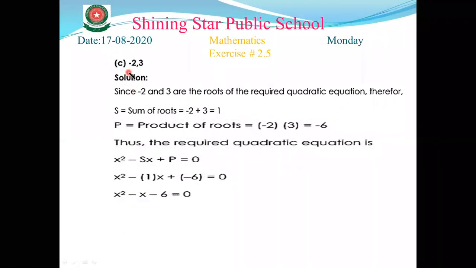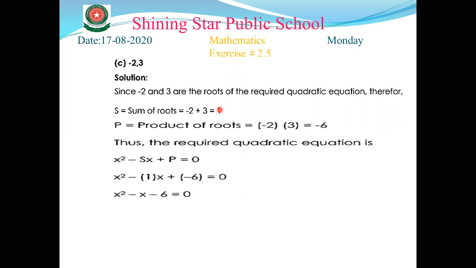Now part C, the roots are minus 2 and 3. Now we have to find the equation. For finding the quadratic equation, we have to find the sum of the roots, and the sum of the roots is minus 2 plus 3 is 1, and the product of the roots is minus 2 multiplied by 3 is minus 6.